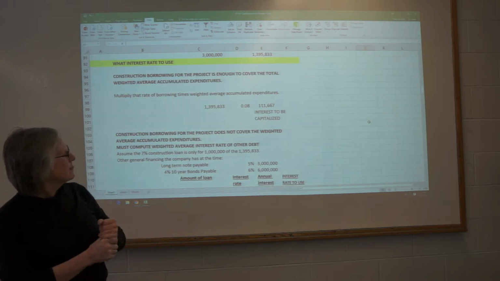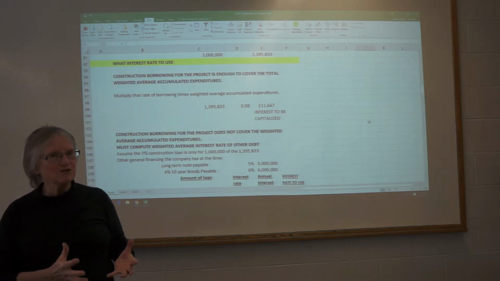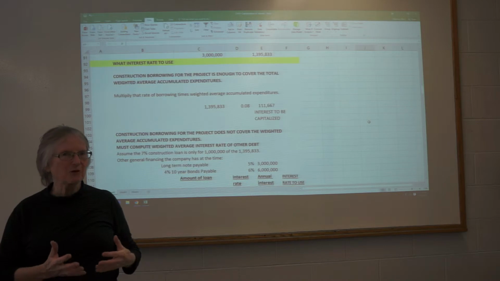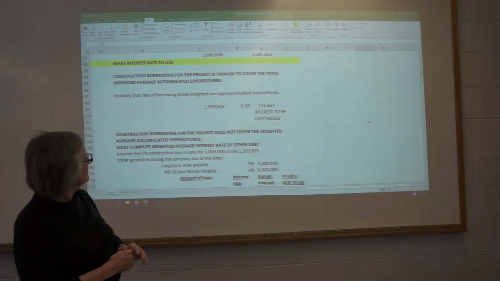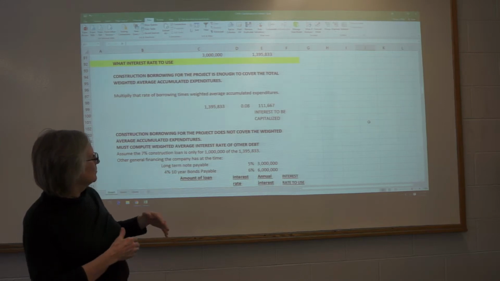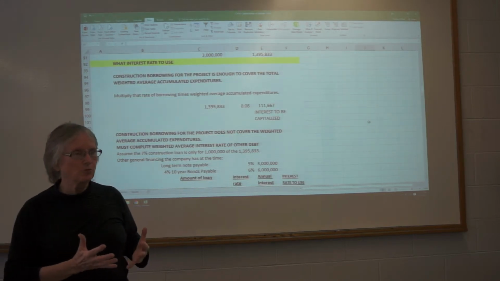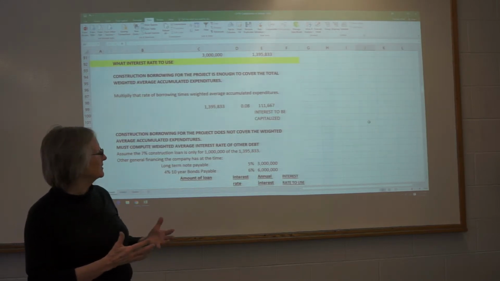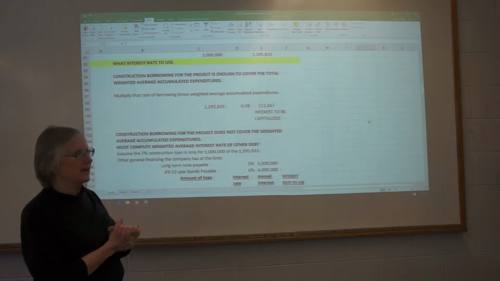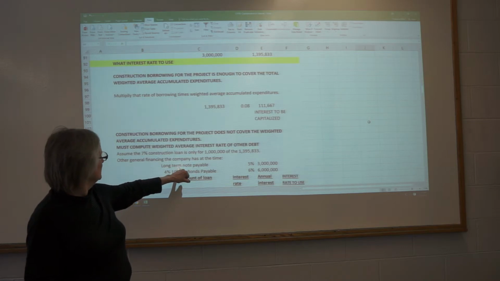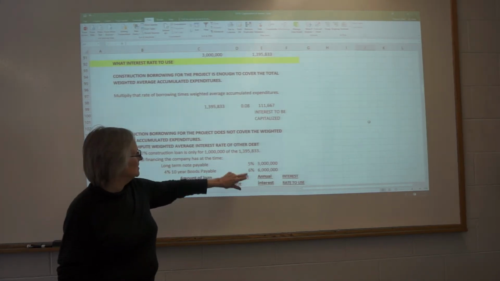It's only when your specific construction financing doesn't cover all the weighted average accumulated expenditures that you have to figure out what your other average rate of borrowing is on the company's other debt at that point in time. So you've got a long-term note payable, you've got the 4% 10-year bonds, this gives you the interest rate.